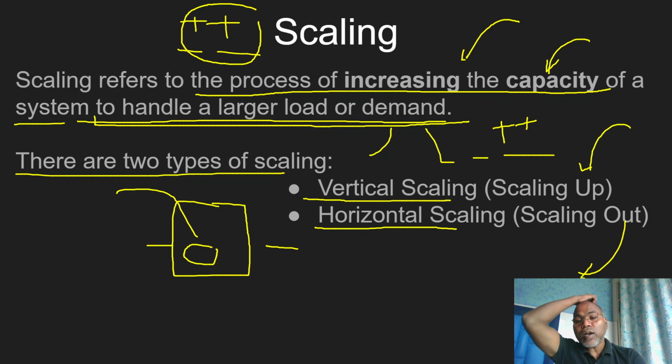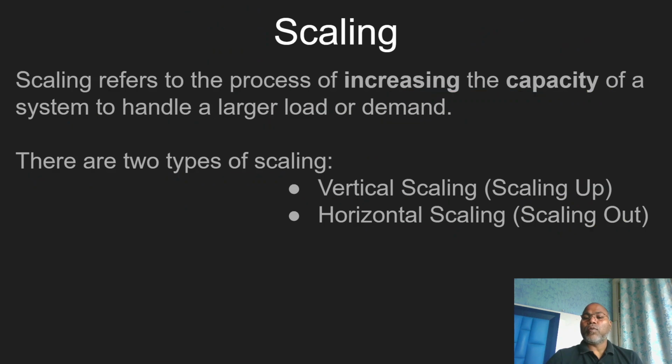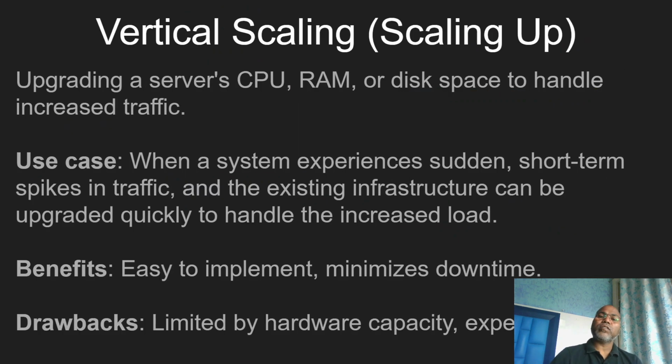There are two kinds of scaling: vertical and horizontal, also called scaling up and scaling out. We are going to talk about how we increase and decrease the system vertically and horizontally. Let's talk first about vertical.